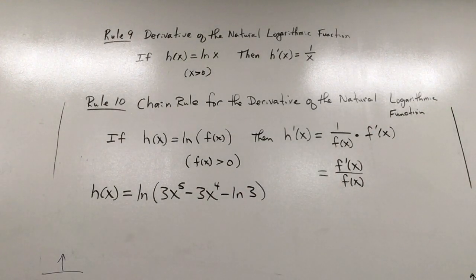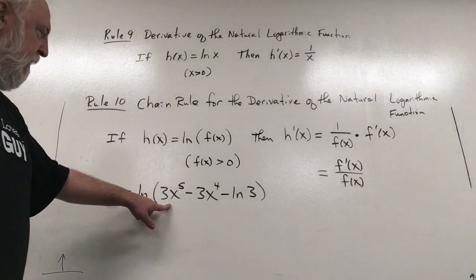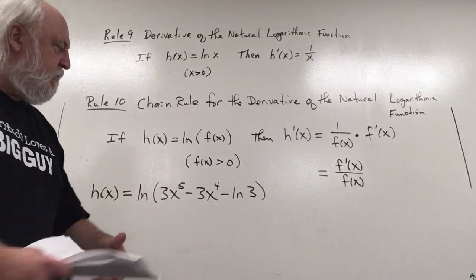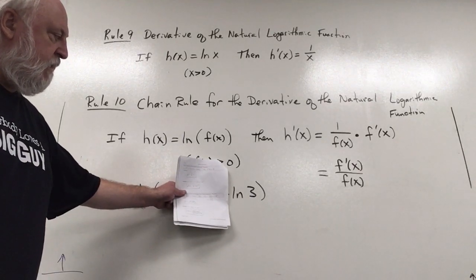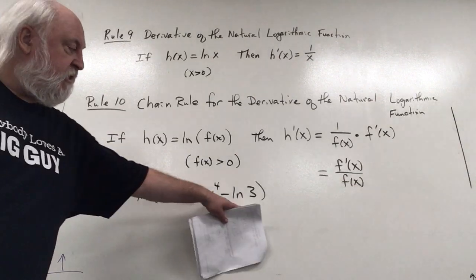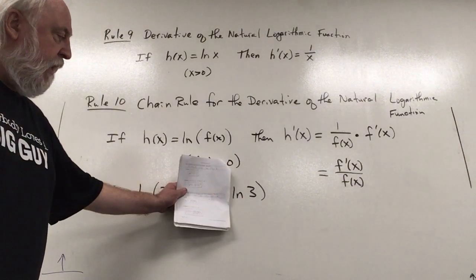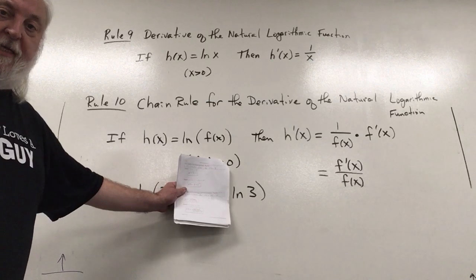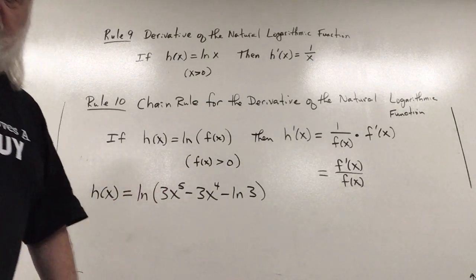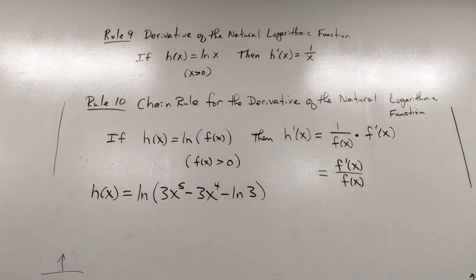And so again, inside the parentheses here we have 3 terms, and the third term is the natural log of 3. There's no x involved in that term, so this is just a constant. If you type natural log of 3 into your calculator and hit enter, you'll get a real number, a decimal for that value.